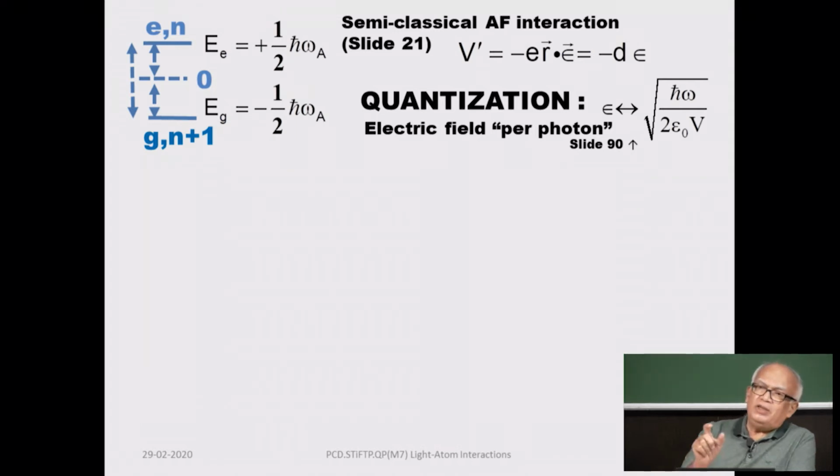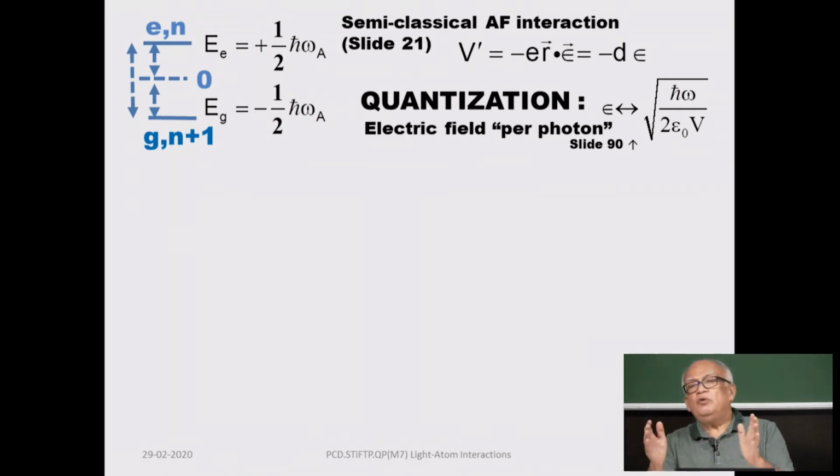Now, we are going to quantize this, and we have seen that the electric field per photon, which we discussed in the previous class, you can increase by reducing the volume of the cavity, and that energy, because the expectation value of the square of the electric intensity turns out to be the square of this quantity, h cross omega over twice epsilon 0 V, root.